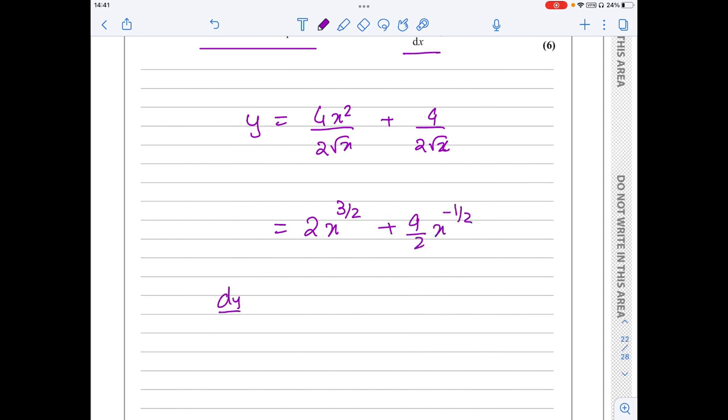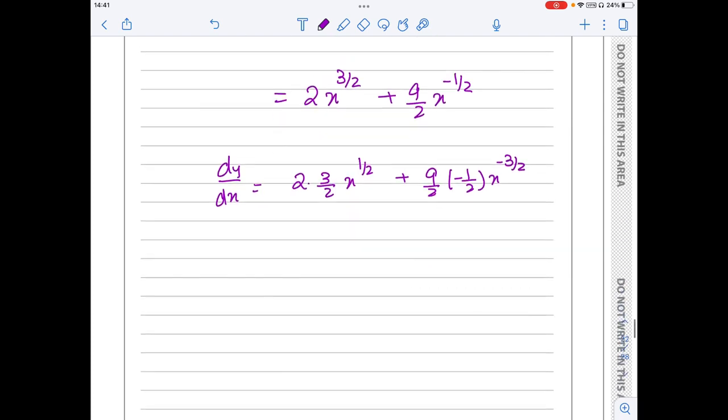So dy by dx will be 2 times 3 upon 2 x power 1 upon 2 plus 9 upon 2 times minus 1 upon 2 x power minus 3 upon 2, which becomes 3x power 1 upon 2 minus 9 upon 4 x power minus 3 upon 2.